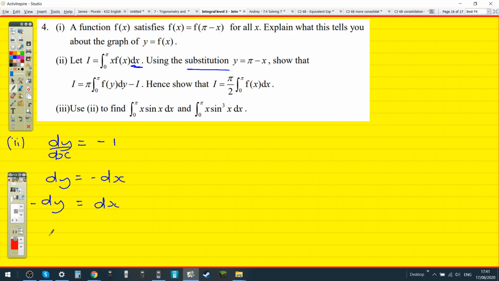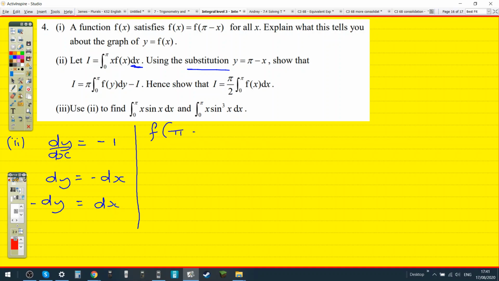Okay, what else can we sub in? F of x is the same. Wait, how did they go from f of x to... Oh, f of x is equal, okay. So you could put f of y instead of f of x because they're equal. If you substitute y equals pi minus x, then yeah. And that's equal to f of x.